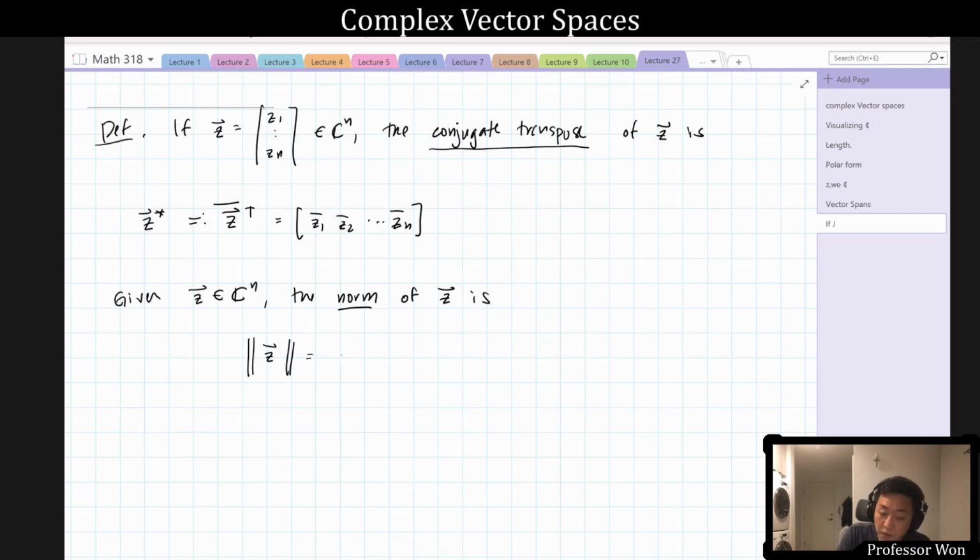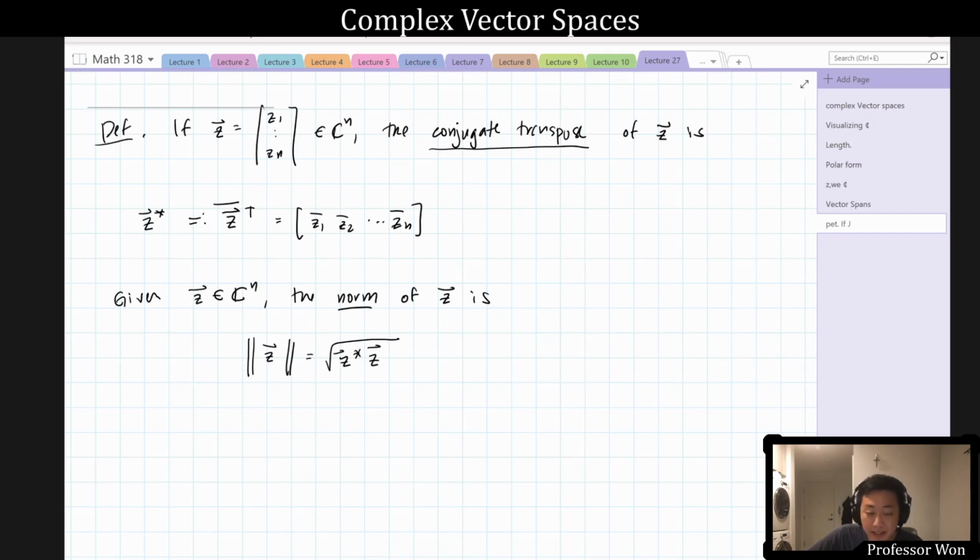This thing for real numbers was defined to be the square root of the dot product, so v transpose v. But I'm going to define it to be the square root of the conjugate transpose of z times z. Okay. So a couple of things to note here.